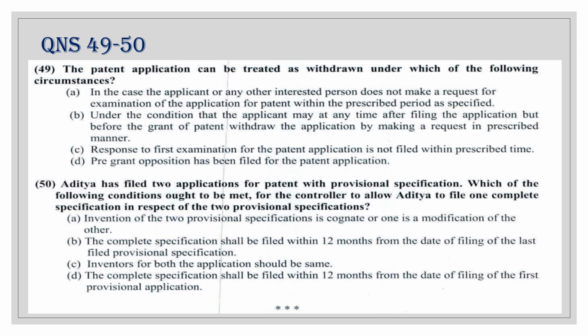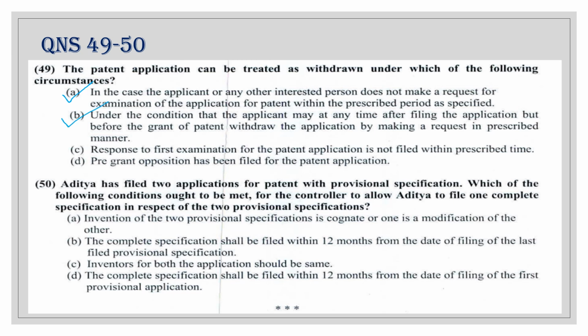Option C, response to first examination for the patent application is not filed within prescribed time. Option D, pre-grant opposition has been filed for the patent application. So let me tell you, friends, one thing, that here the correct answer will be option A and option B.